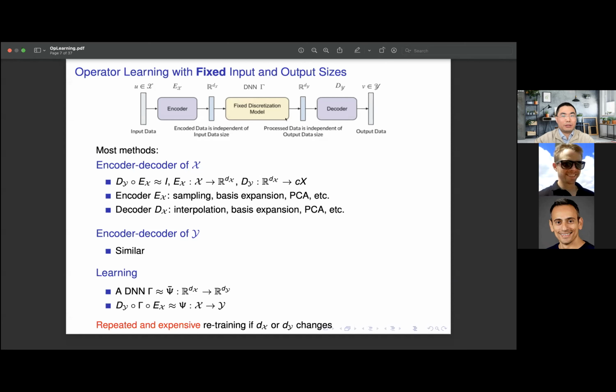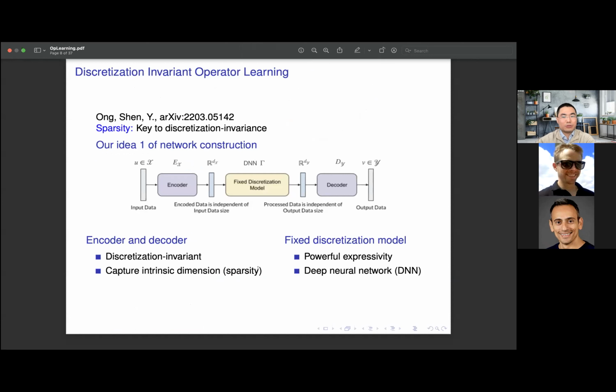But in practice, if you have different discretization algorithms resulting in different sizes in these vectors, then you have to have a different fully connected neural network for the purpose of handling all kinds of discretization formats. So if you have to repeatedly train many different fixed size fully connected neural networks, then the learning is expensive. Today, I'm going to introduce some ideas to get discretization invariance.